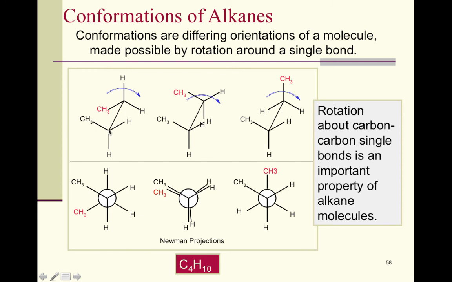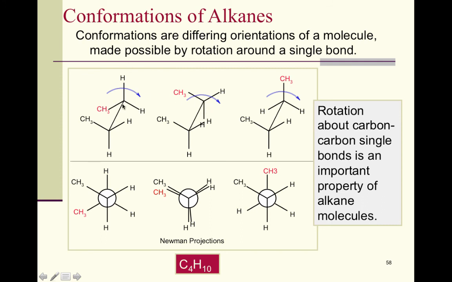You have a carbon here, CH2, CH2, then a CH3. So what they're doing here is they're now going to keep the first 2 carbons, this carbon and this carbon, still. Carbon 3 and 4 are going to rotate. So take your model and rotate it, and now make it look like this.